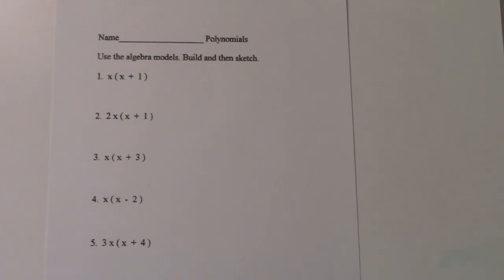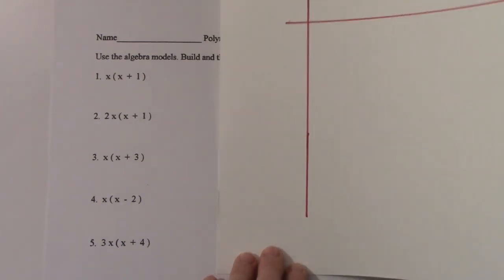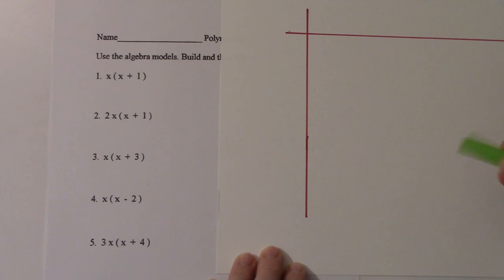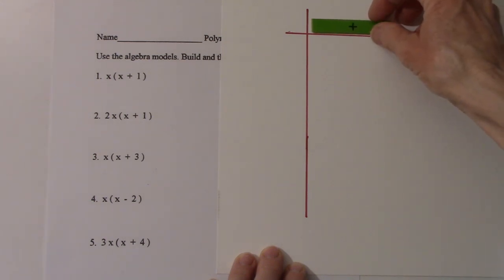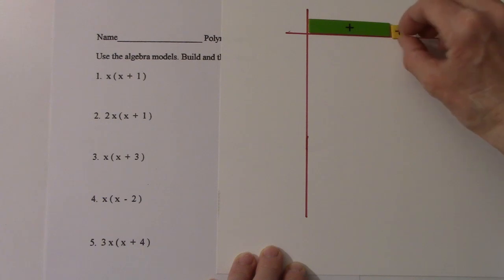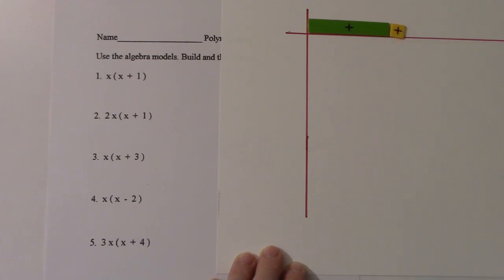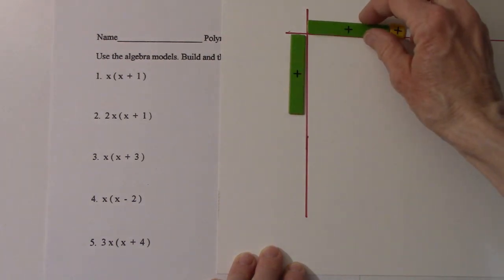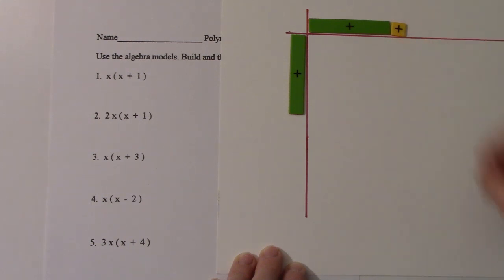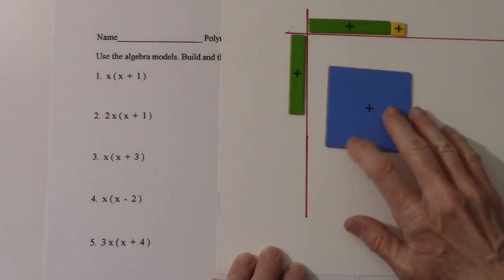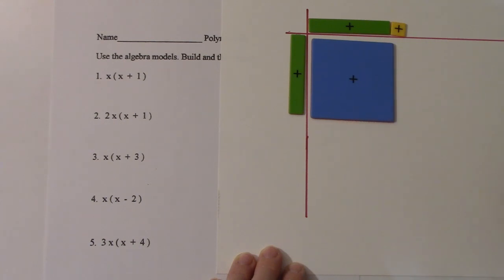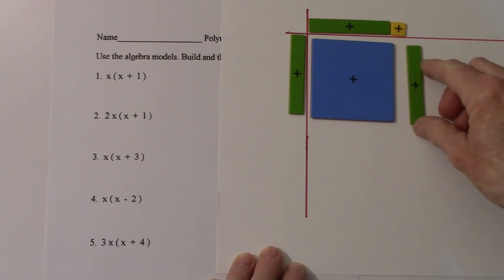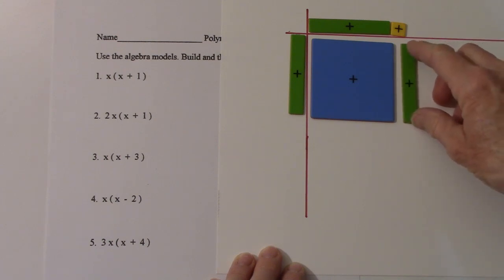So what I'm going to do here is take a little grid, and I'm going to multiply. I'm going to put my x plus 1 on the top of my grid, and I'm going to put an x on the side. So when I multiply x times x plus 1, x times x is x squared, and x times 1 is x.